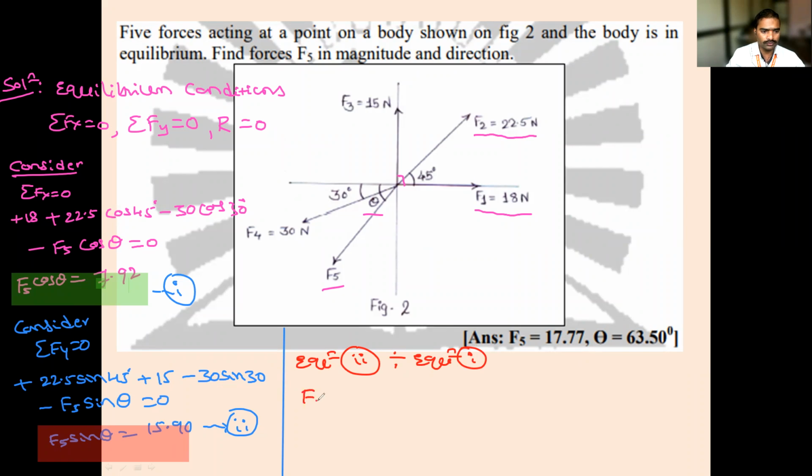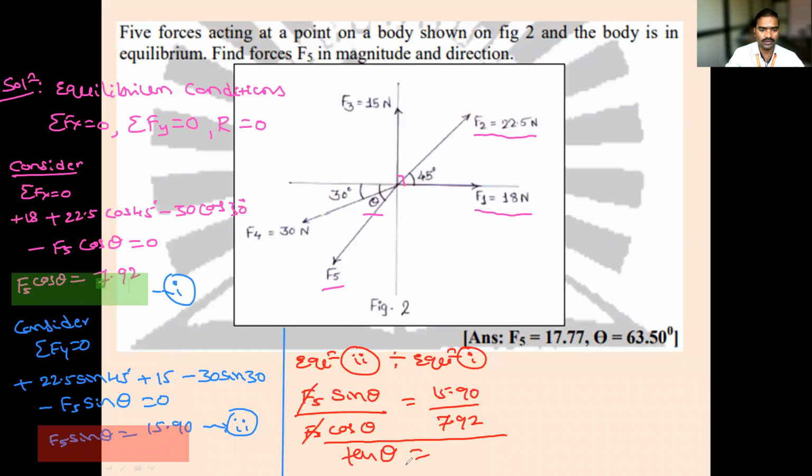That is F5 sin theta divided by F5 cos theta is equal to 15.90 divided by 7.92. So this F5 gets cancelled. Remaining is sin theta divided by cos theta, which is tan theta. How much is it? Calculate. 2.00.